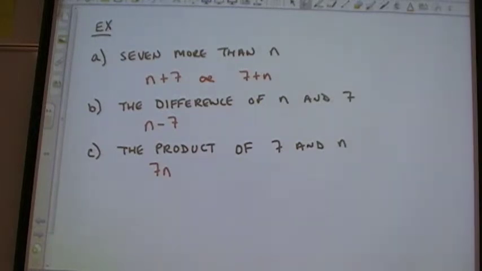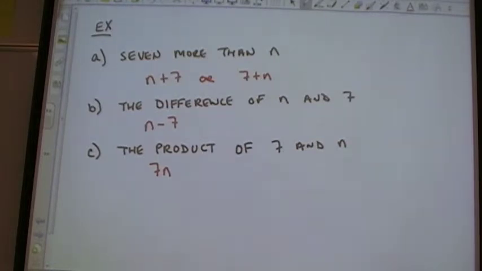You won't see it often, or you'll probably never see it, but what could I do if I really wanted to? 7 times N. Well, that's what this one's saying, yeah. 7 dot n, same thing.